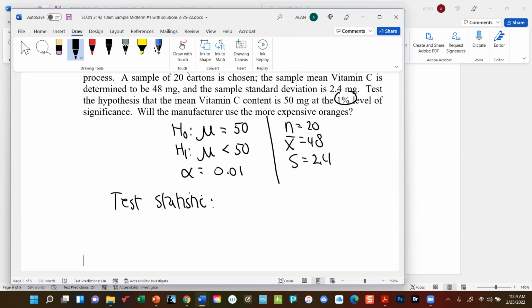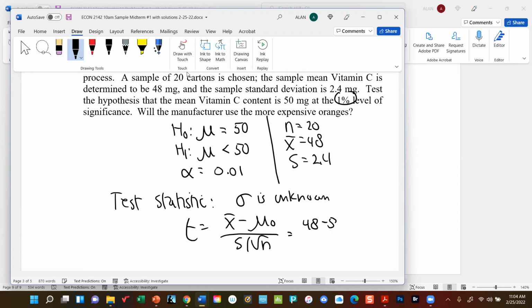Remember, because this is a single population mean and we do not know sigma, we use t equals x bar minus mu 0 over s over radical n, or 48 minus 50 over 2.4 over radical 20, which is about negative 3.73.